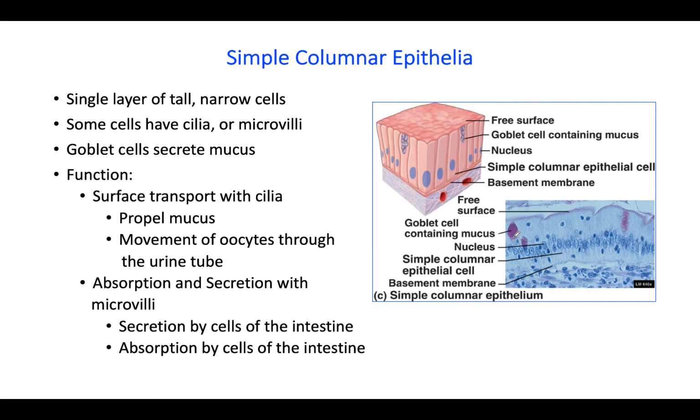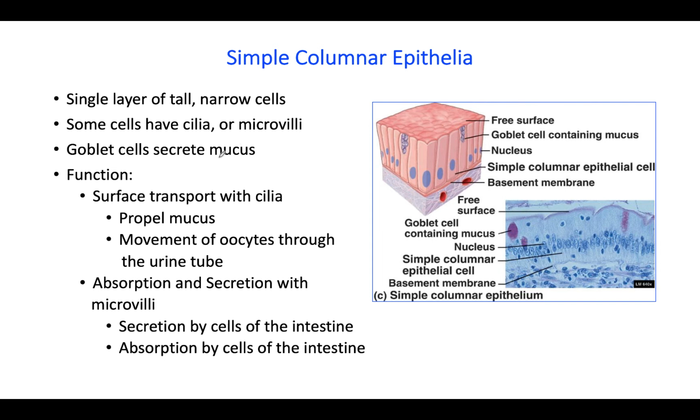I will show that a little bit later, but these simple columnar or pseudostratified columnar epithelia have goblet cells. The goblet cells are integrated throughout the simple columnar epithelia, and they secrete mucus.